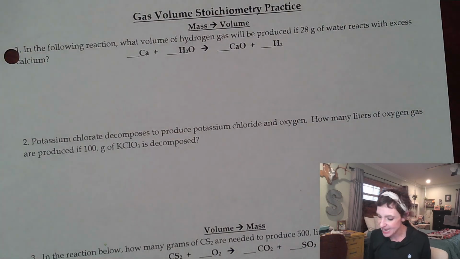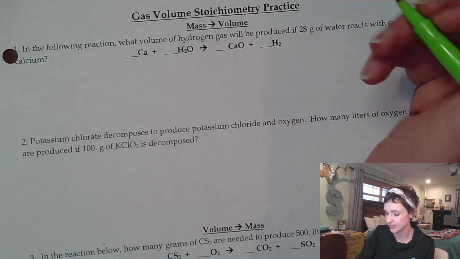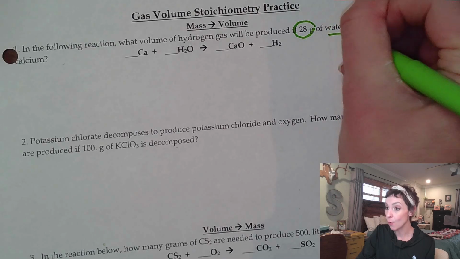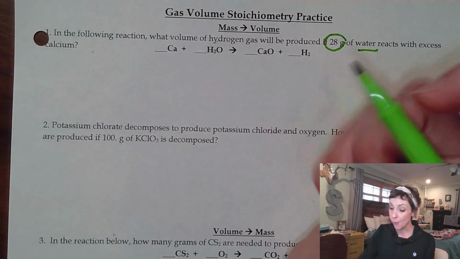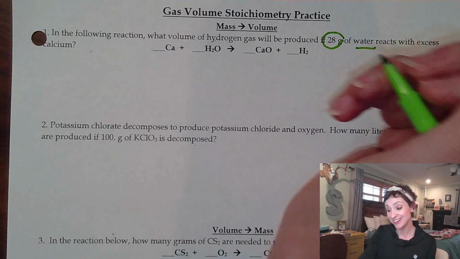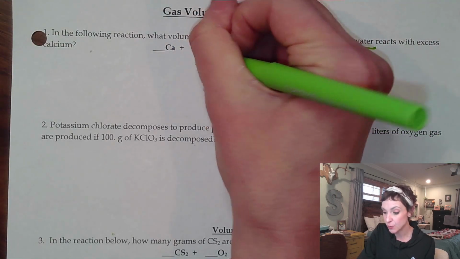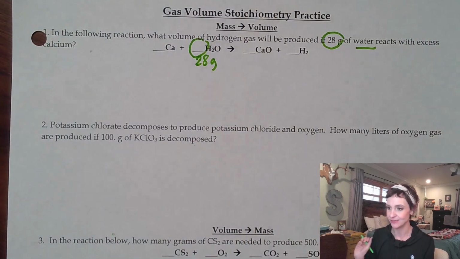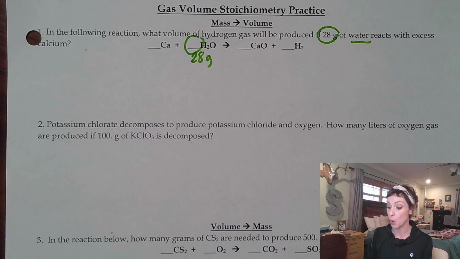So it says, what volume of hydrogen gas will be produced if 28 grams of water reacts with excess calcium? So my given is 28 grams of who? Of water, right? Now, here's my water, so I'm going to write underneath him my given information, 28 grams. I also like to circle that coefficient of a 1 because I know it is going to help me when I get to that mole ratio step.